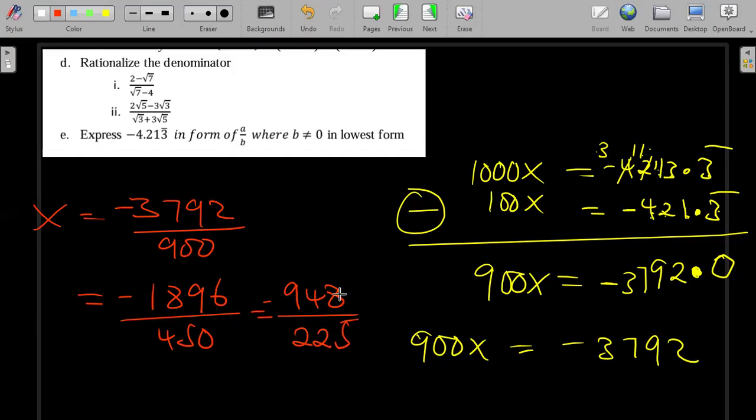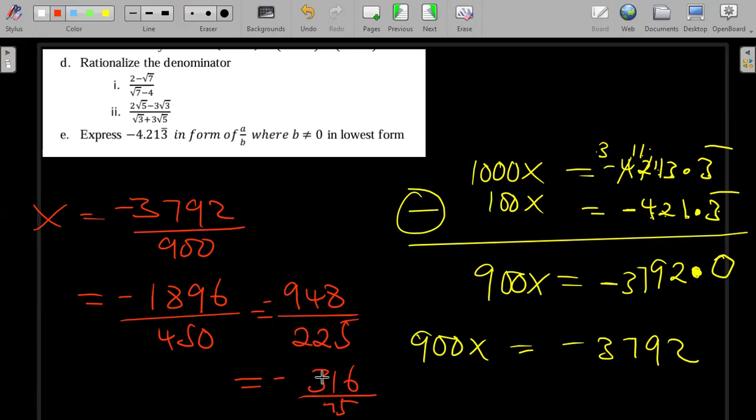Now, is there a number that can go into 948 and 225 without leaving a remainder? We can try 3. So 3 into 948 gives 316, and 225 divided by 3 is just 75. Can 3 go into 75?